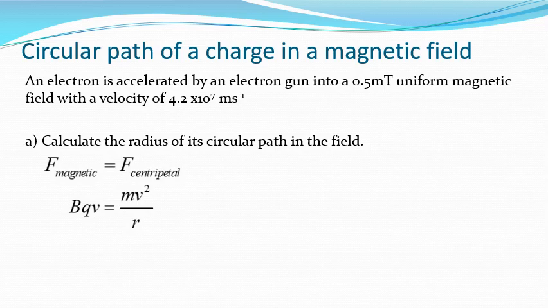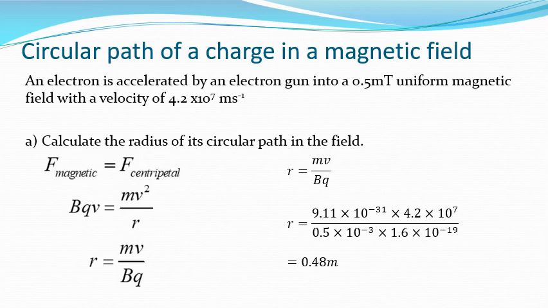So B times Q times V is mv squared over r, rearrange, and then substitute in the mass of the electron, 9.11 times 10 to the minus 31, and the charge on the electron, and the other information. Okay, that information on electrons is on the data sheet in the front of the exam paper.